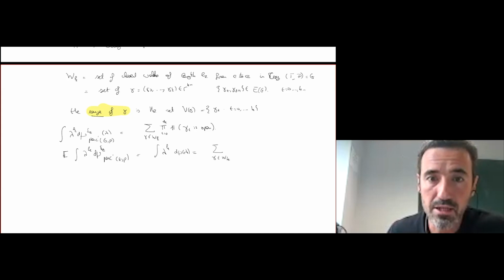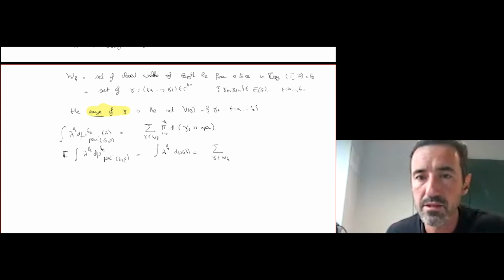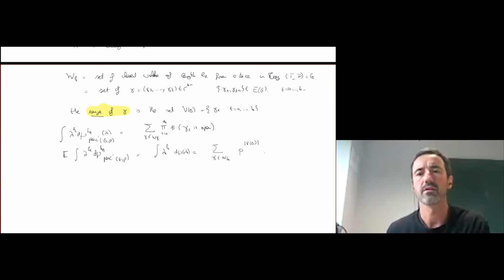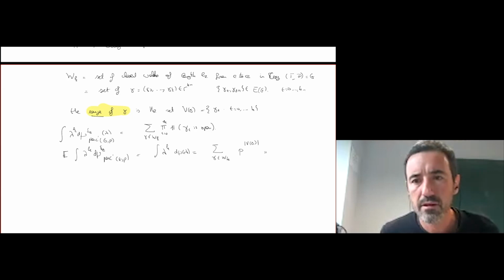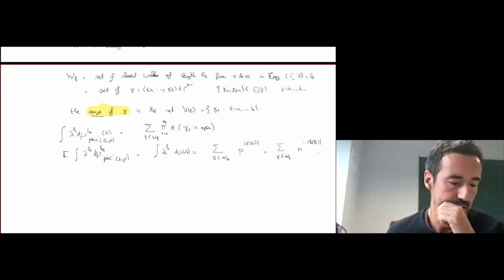I take the expectation, use independence, and I just get p to the power of the cardinal of V gamma, which for our choice of p is n to the power minus the cardinal of V gamma. So that was the easiest part.